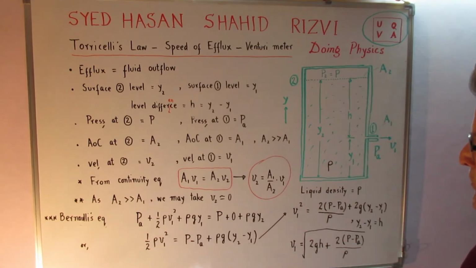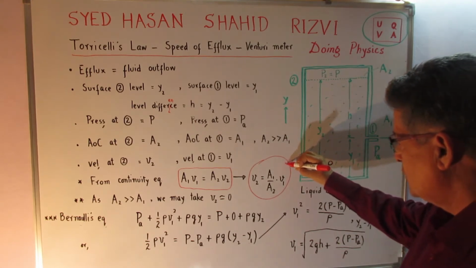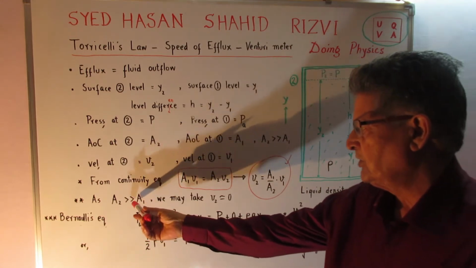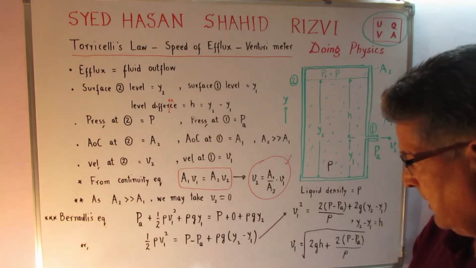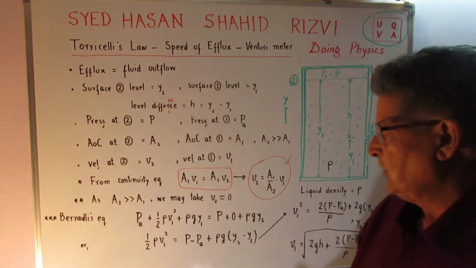Now this is true. Even if we take A2 much greater than A1, we may take V2 equal to 0. And this is for the consumption of Bernoulli's equation.